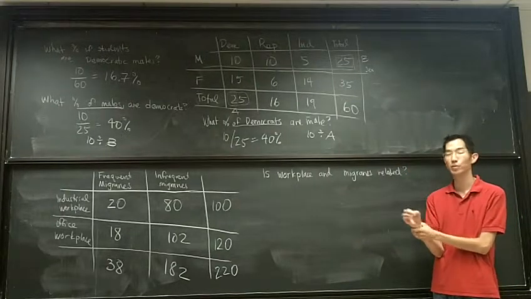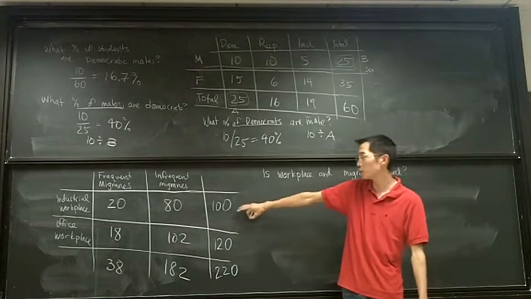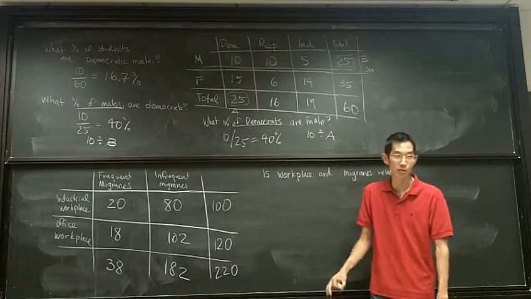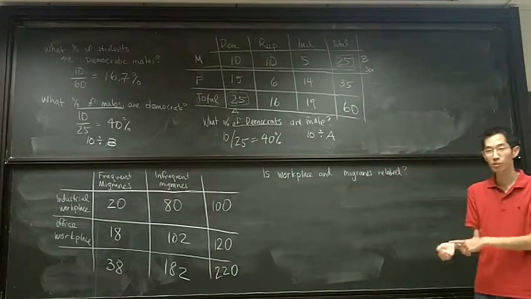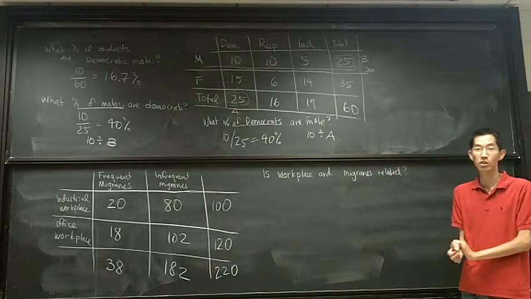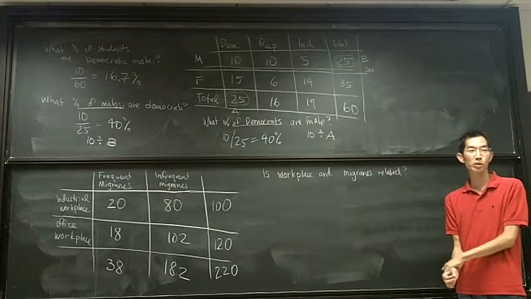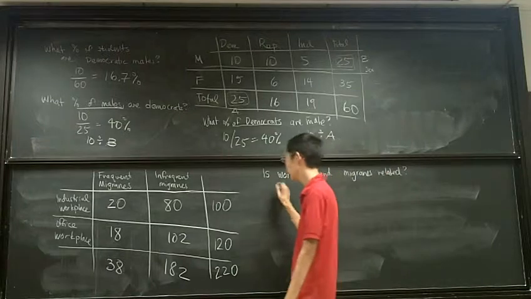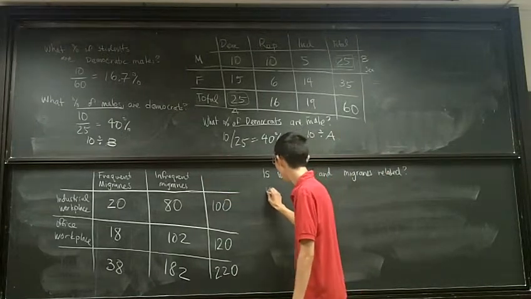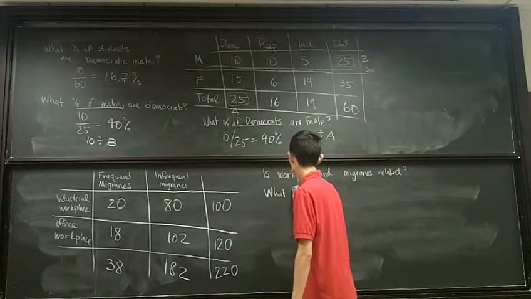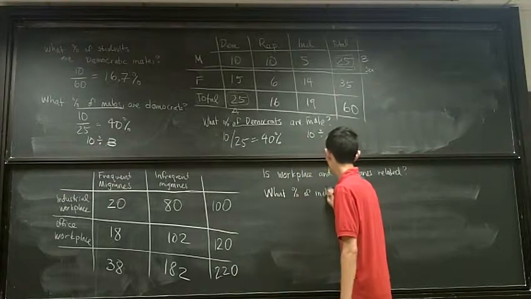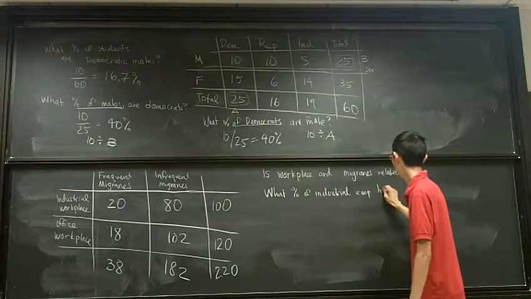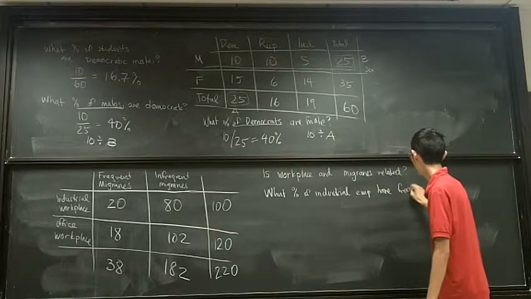We've got 100 people in the industrial workforce and 120 in the office workforce, so they're not exactly the same numbers. So maybe we should look at percentages, and what percentages do we even want to compare? 20 over 100, 18 over 120. What percent of industrial employees have frequent migraines?